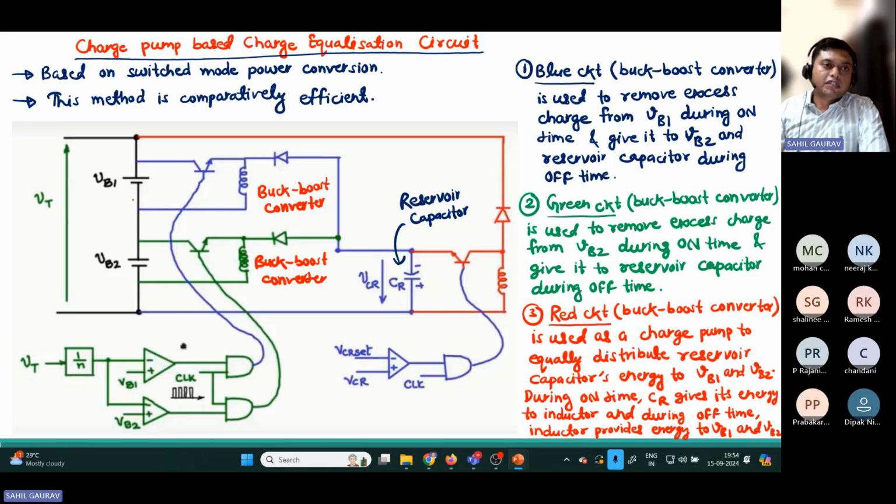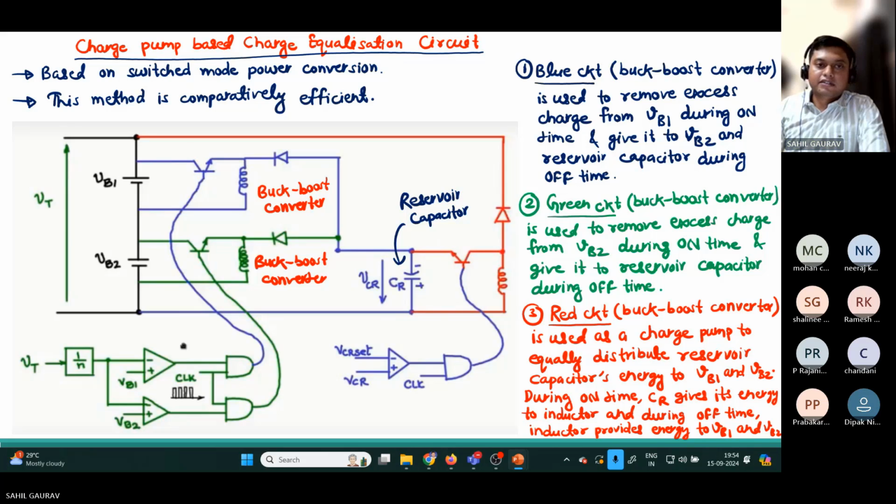For ease of understanding, we have taken only two batteries. During turn on time, the inductor gets charged, meaning whenever a battery has a higher voltage than some value, the battery provides excess charge to the inductor.